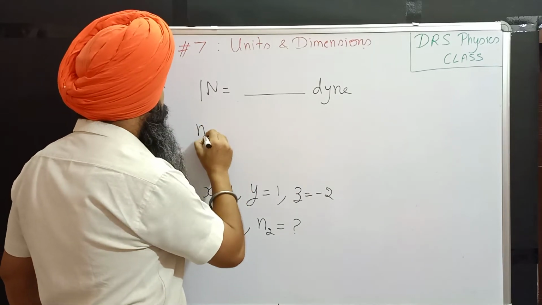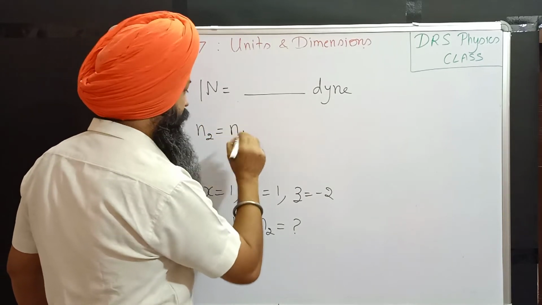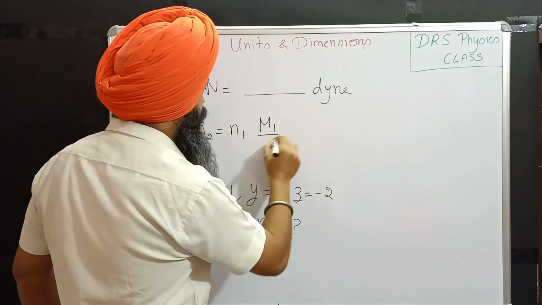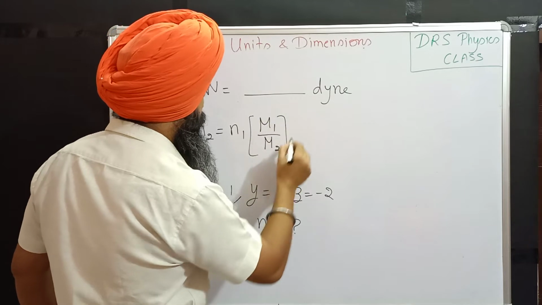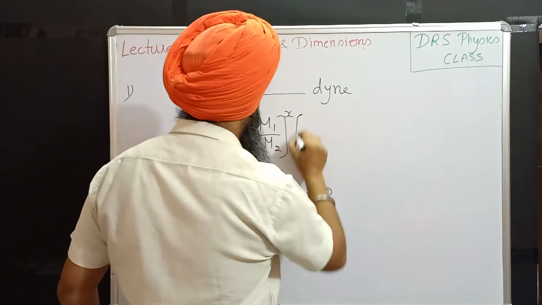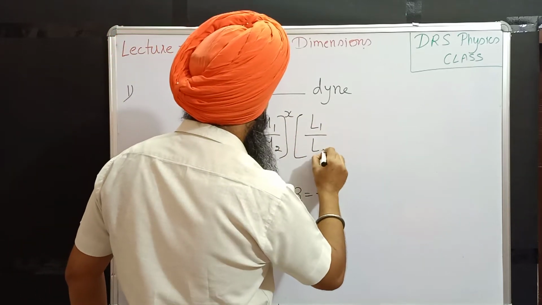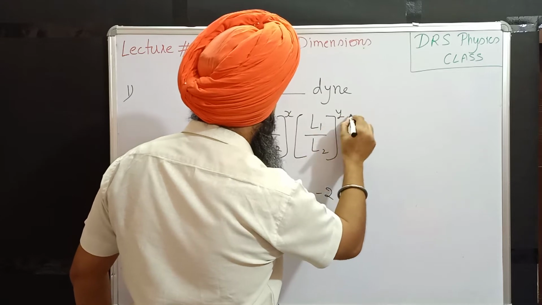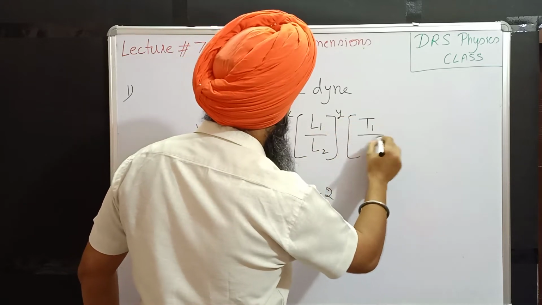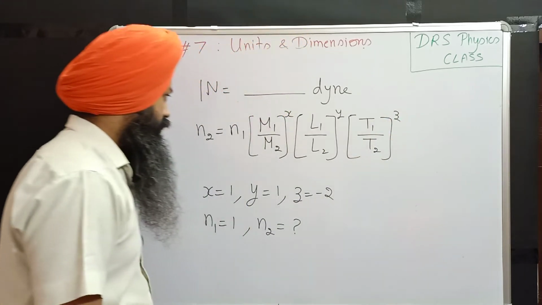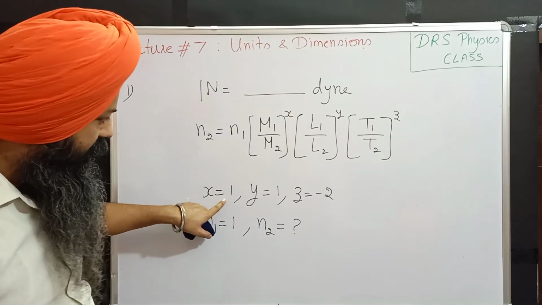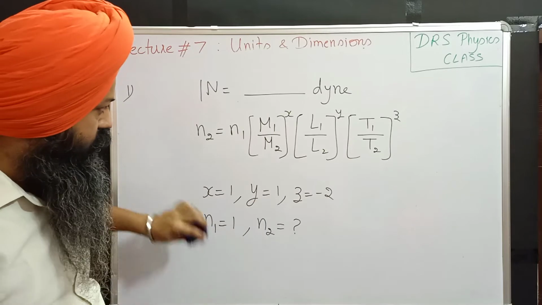So N2 is equal to N1 times M1 upon M2 to the power x, L1 upon L2 to the power y, T1 upon T2 to the power z. What is the value of x here? 1, y is 1, z is minus 2.